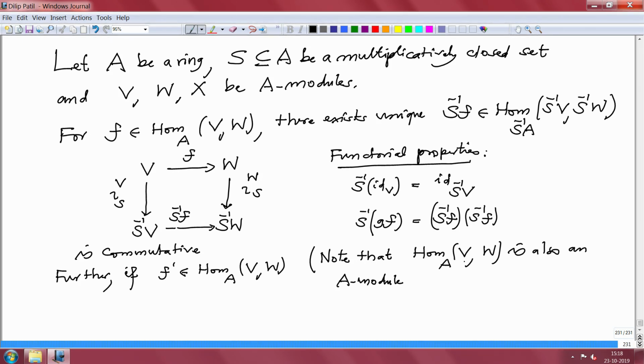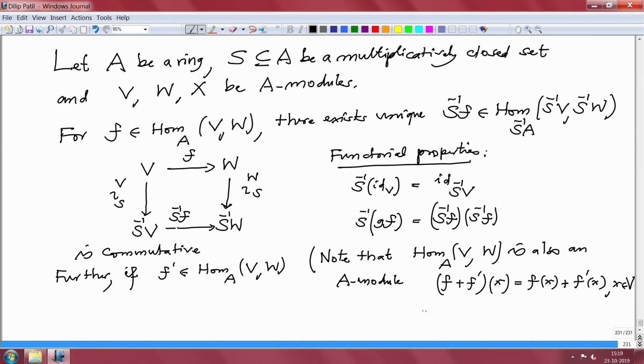And what are the operations here? Addition is, of course, if I have f and f prime, then this is defined by evaluating at any x: you evaluate individually and add them in W. So this is defined for every x in V.